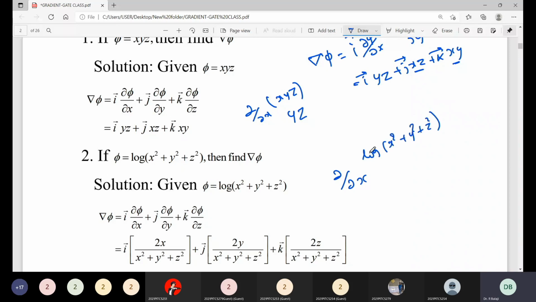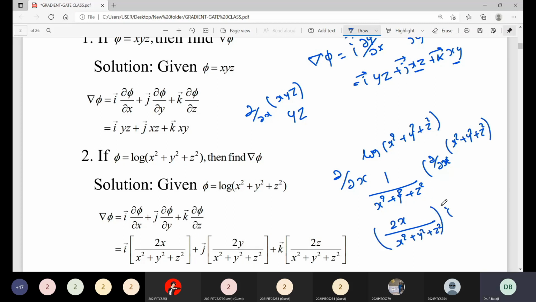Partially differentiating with respect to x, we get 1 by (x² plus y² plus z²) into ∂/∂x of (x² plus y² plus z²), using the function of a function rule, which is 2x. So 2x divided by (x² plus y² plus z²) into i vector.